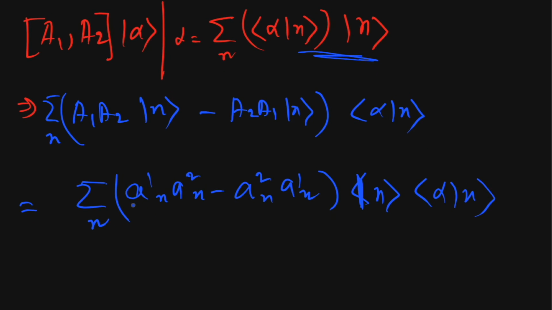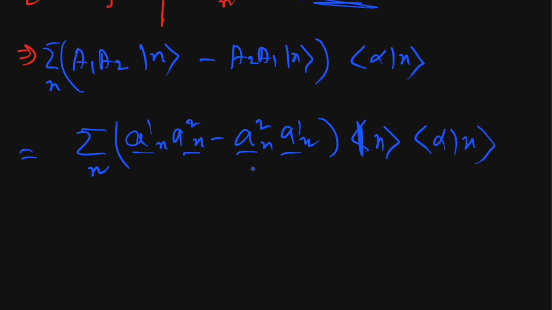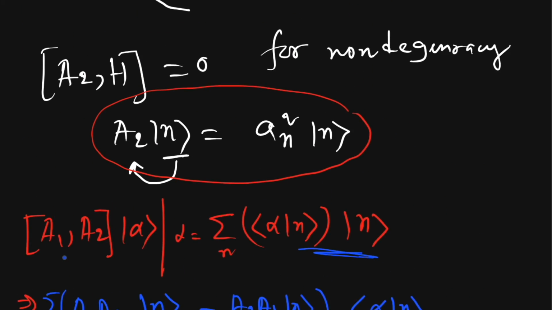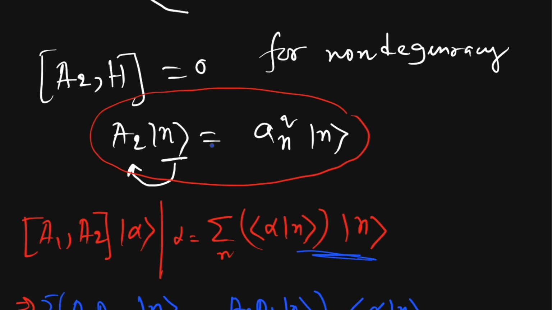And since these two are in general constant numbers, they commute, so this equals 0. But as we know that [A1, A2] is not equal to 0, that means our assumption that |n> is non-degenerate is not true.